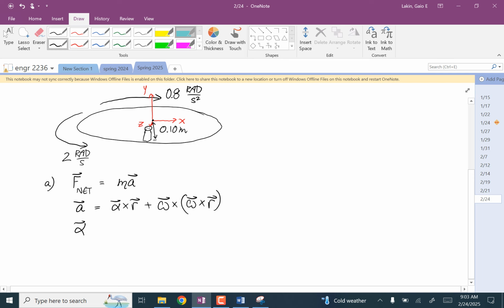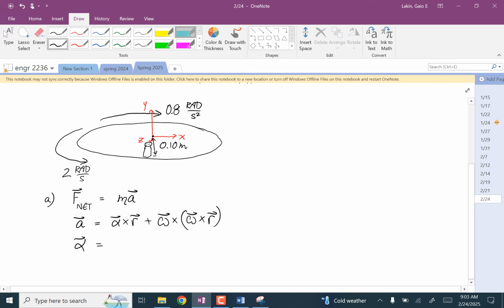Our alpha, in this coordinate system that I've drawn, tell me what the components are of that angular acceleration vector. The way I have it drawn, I know everyone did it differently, but this has to be in the negative y direction, according to the right-hand rule.